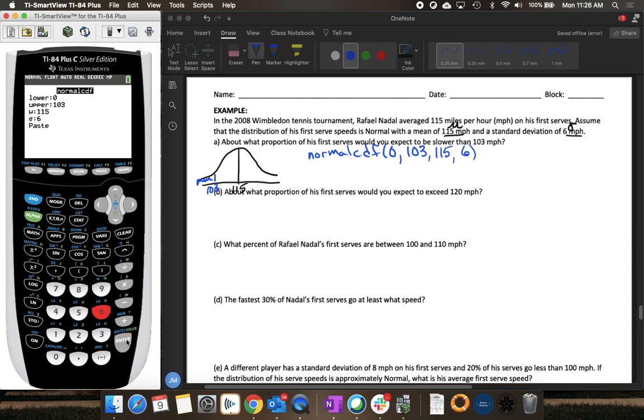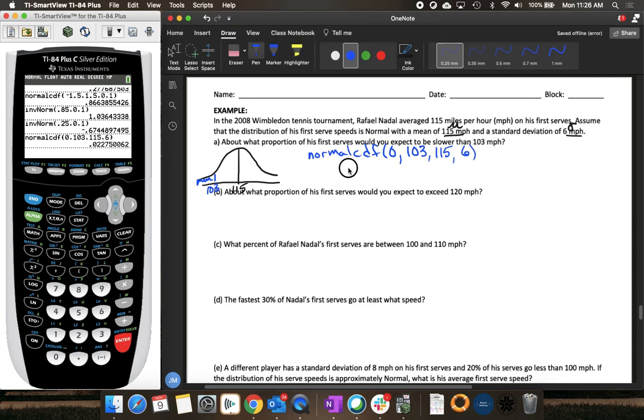For standard deviation we'll have to change that to 6. And for those that don't have a menu, here's what that should look like when you are done typing that in: 0, 103, 115, 6. And then when we run that, we'll get our proportion. So we would expect about 0.0228, so about 2% of his serves to be slower than 103 miles per hour.